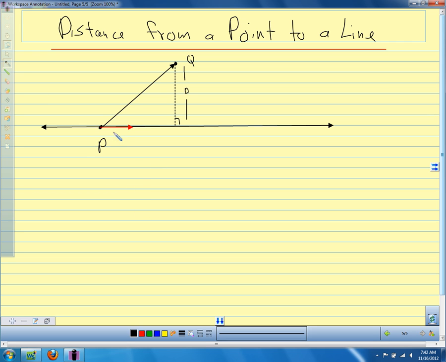And we'll call that vector U. P is on the line, and U is a direction vector.